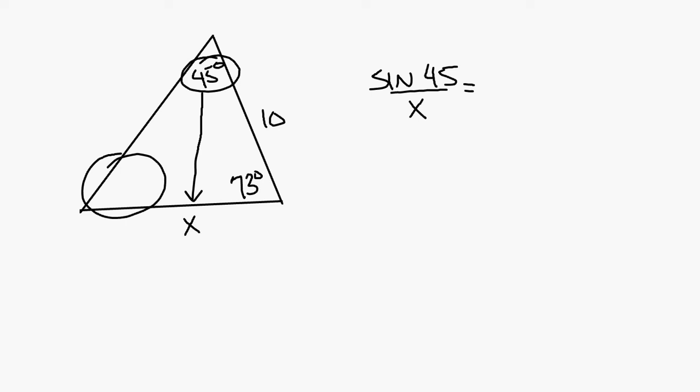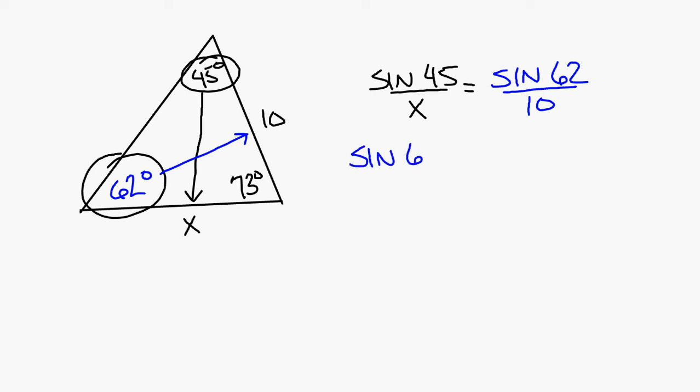So if you take 180 and subtract 45 and then subtract 73, 62 degrees is the missing angle. So it's sine of 62 over 10. Crisscross multiply. Sine 62 times x is equal to sine 45 times 10.